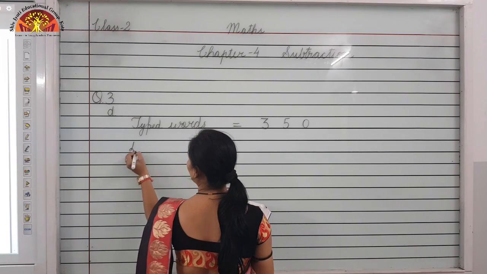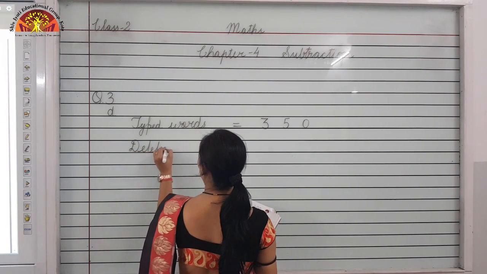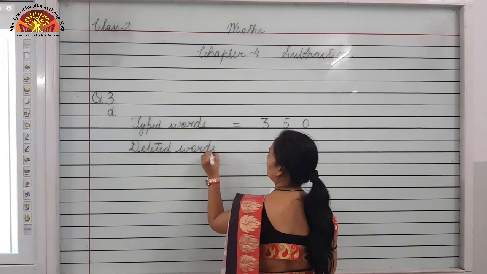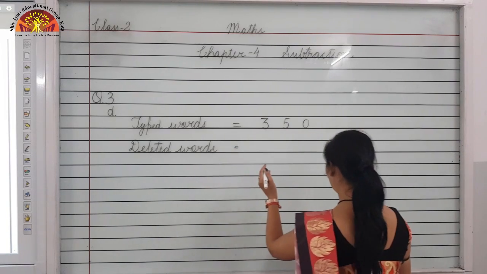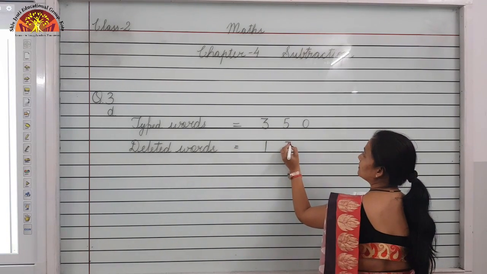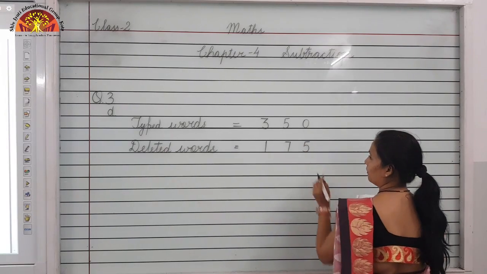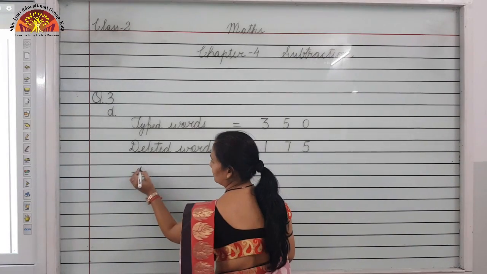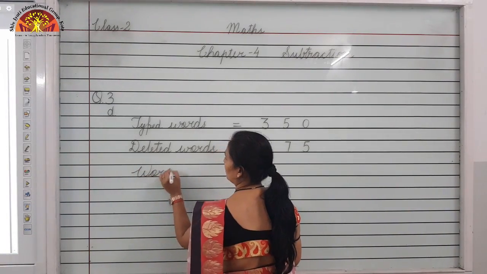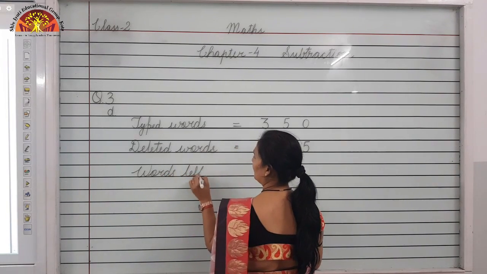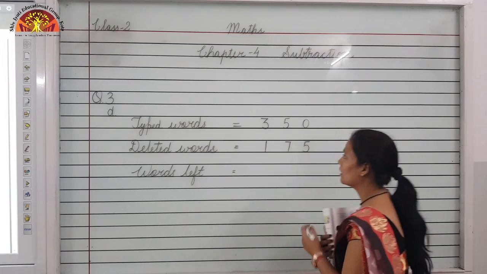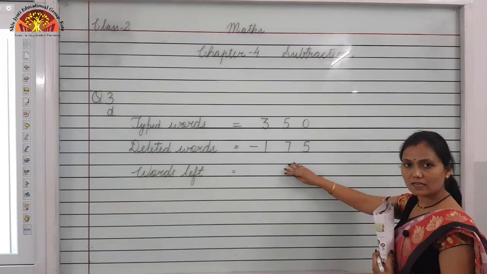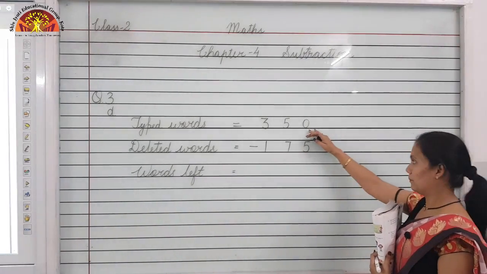So we will write here deleted words is equal to 175. How many words are left? Here we will write words left is equal to, first we will put minus sign over here. Now we will subtract 175 from 350.